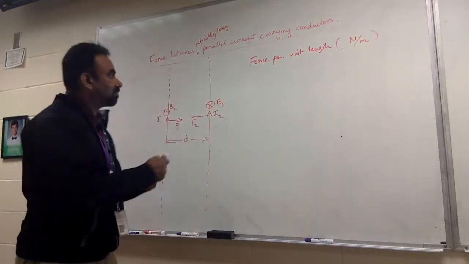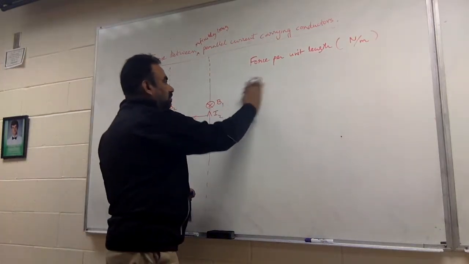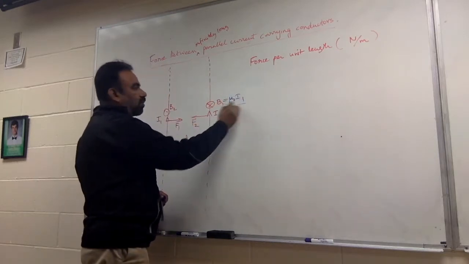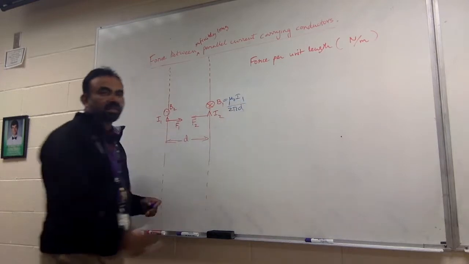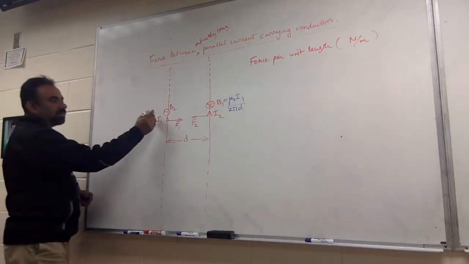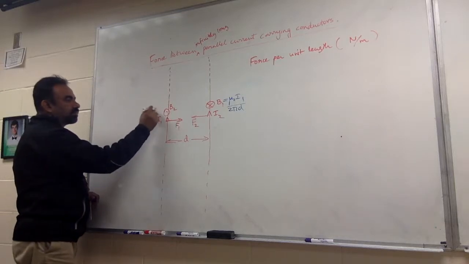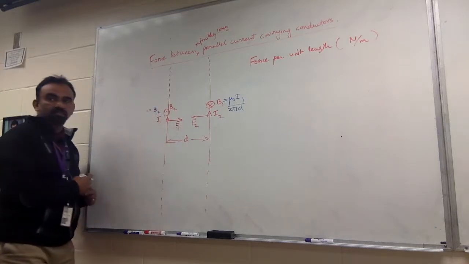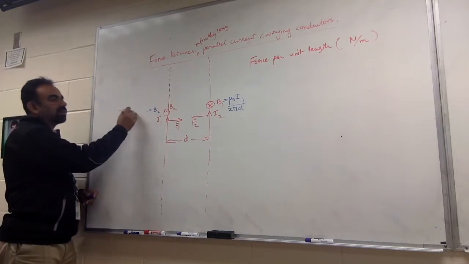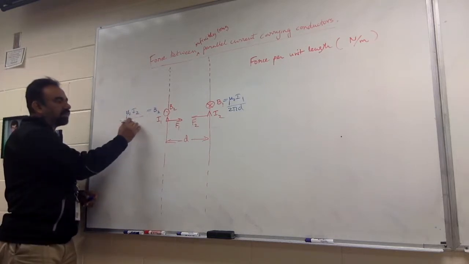How much? So B1 is mu naught I1 over 2 pi d. That is the magnetic field B1. What is B2? How much is B2? Mu naught I2 over 2 pi d.